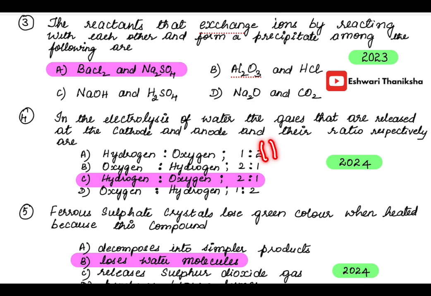The formula for water is H2O. In this, what is the ratio of hydrogen and oxygen? You can see 2 hydrogen and 1 oxygen, 2:1. So the answer is C, hydrogen and oxygen in the ratio 2:1. This was asked in 2024.